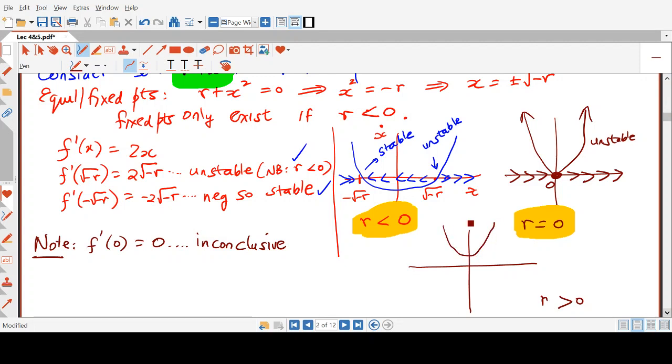It'll be above. So there are no fixed points. Under those circumstances, there are no fixed points. Right? Any questions there? That covers that.